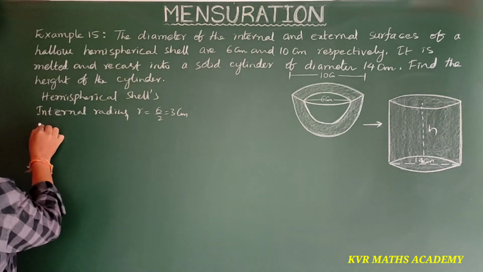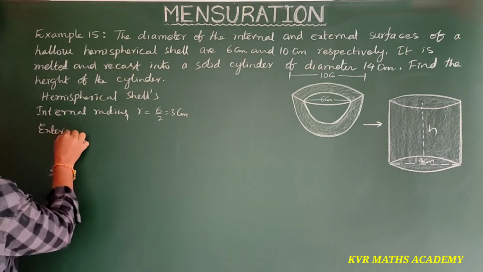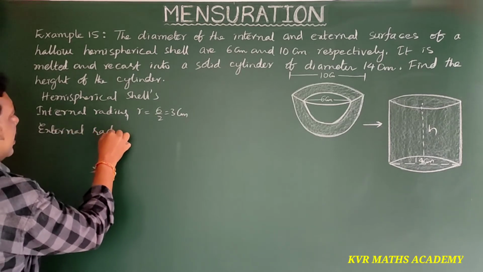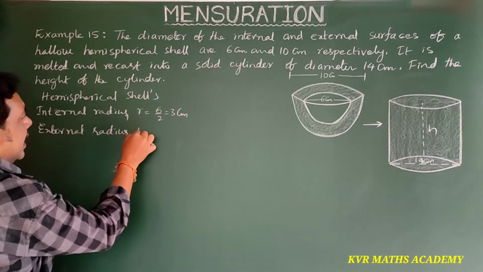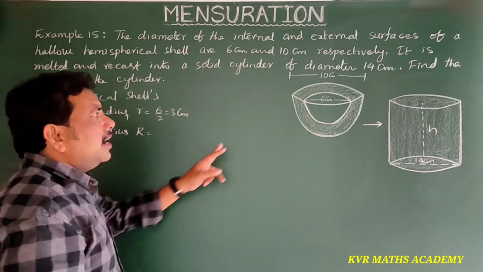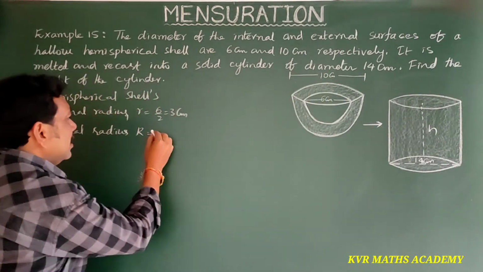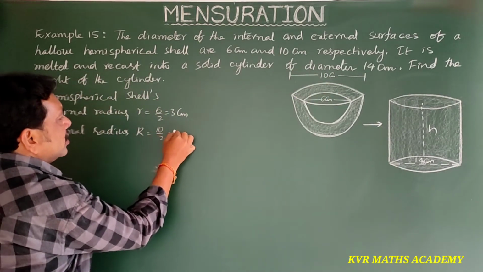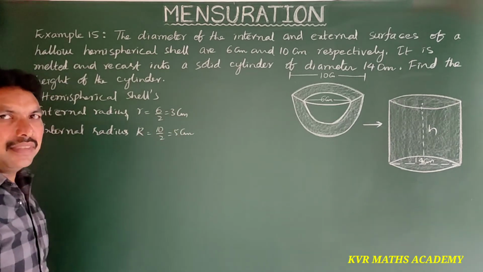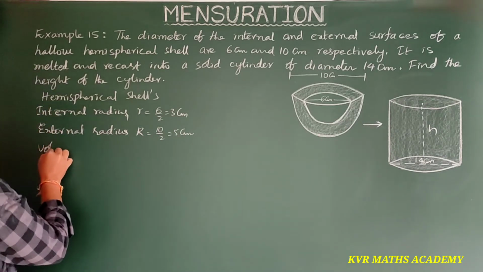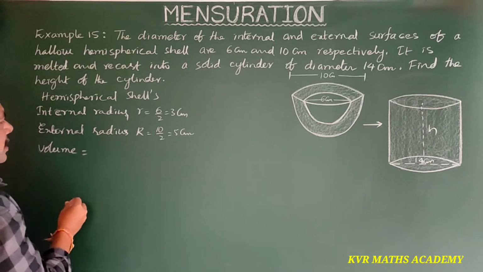Next, the external radius capital R. Here the external diameter is 10 centimeters, so R is equal to 10/2. This is 5 centimeters.